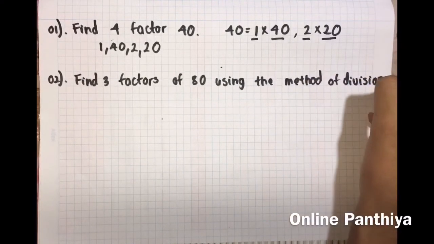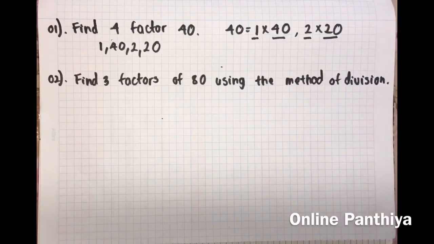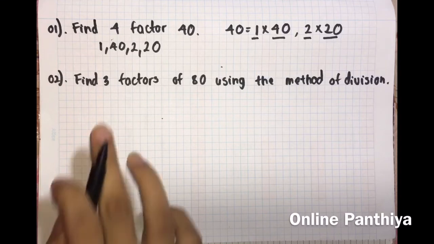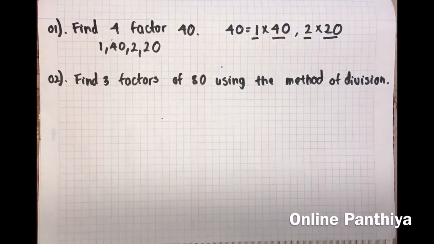How do you start? How do you proceed with this? Write three factors of 80 using the method of division. Now, did we study anything related to division? No, right? So listen, very easy. You have to find three factors of 80.